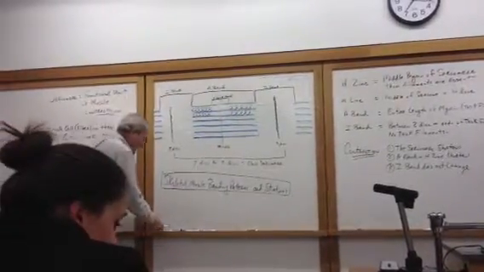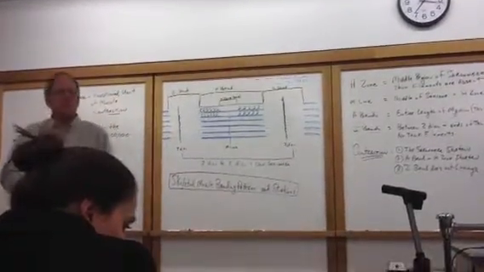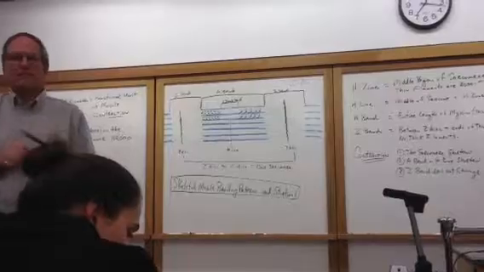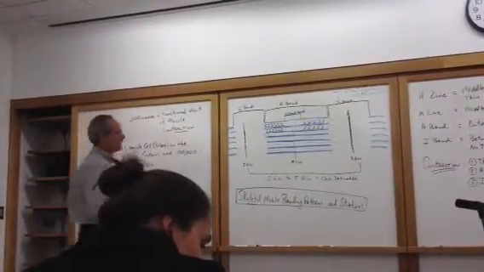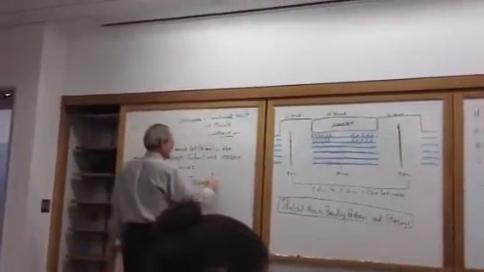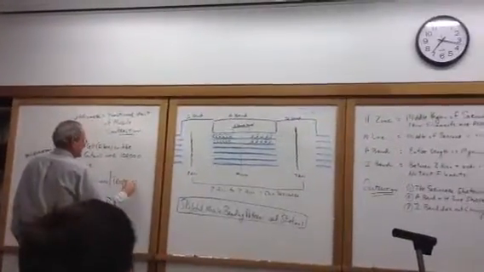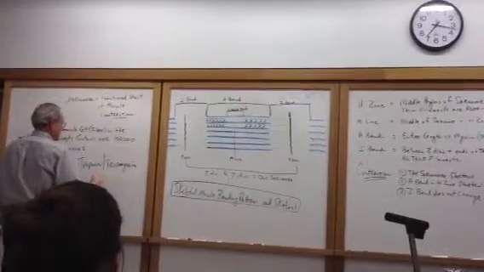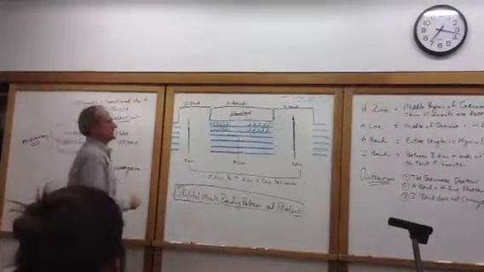Now, why are these myosin heads not bound to the actin binding sites? So the blocking protein, right, which was what, the troponin and the tropomyosin complex, which actually is two molecules.